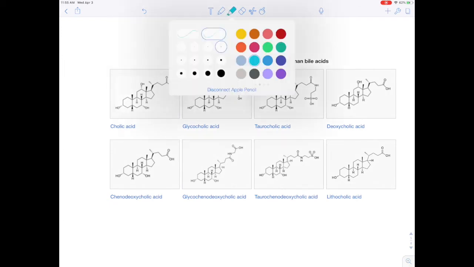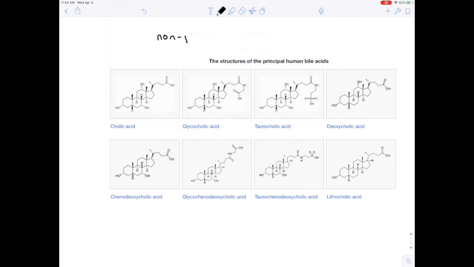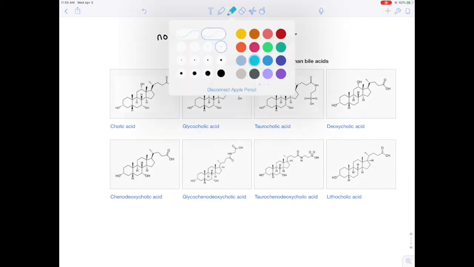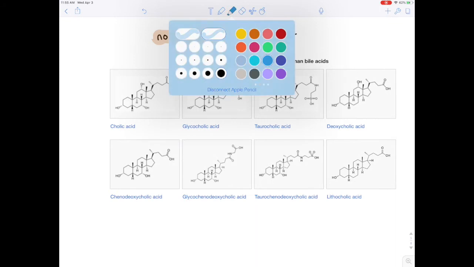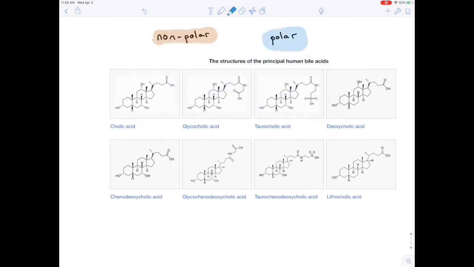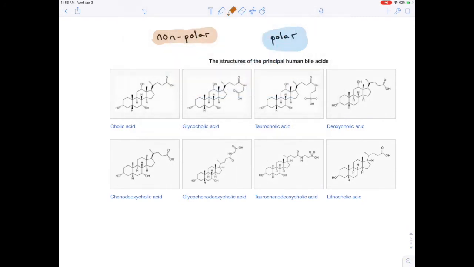You have a lot of carbons and hydrogens and not so many other things. So I'm going to distinguish here between the nonpolar part of the molecule and the polar parts of these molecules. And I'm going to do that with color. So the nonpolar parts I'm going to color with brown, and the polar parts I'll color with blue because they would mix with water. Well, nonpolar, that's the ring structure in all of these. Now there may be 1 or 2 oxygens on these ring structures, but the vast majority of these atoms are carbons and hydrogens, and so they're nonpolar.